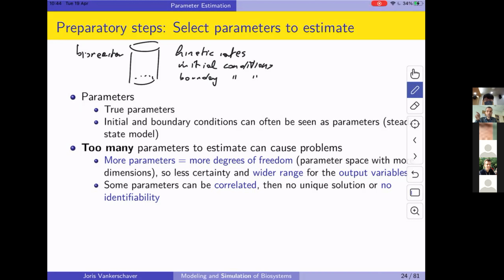But if two predictors are correlated with one another, then it becomes very difficult to distinguish the two. You don't know, okay, is the outcome associated with parameter 1 or with parameter 2, which happens to be correlated with it. So that can compromise your ability to find a unique solution, or can make it difficult to find the parameters in the first place.